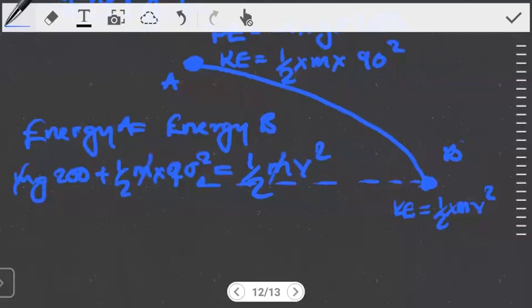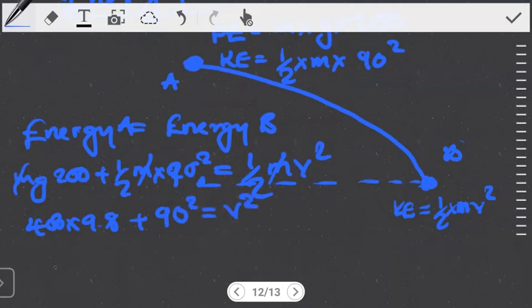After the mass cancels out, I can multiply through by the 2 there. What I'm going to have is 400 times 9.8. It's 400 because I'm multiplying through by this 2, so that only V squared remains. So it's 400 times g, 9.8, plus, the 2 is going to cancel with this 2, so it's just 90 squared here. This is what is equal to V squared.